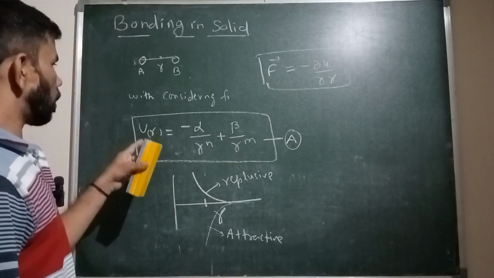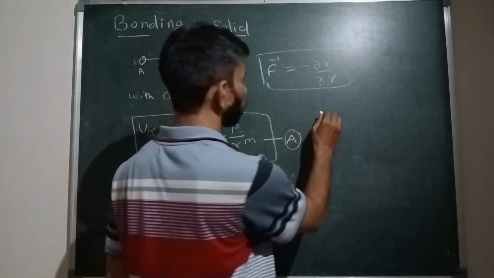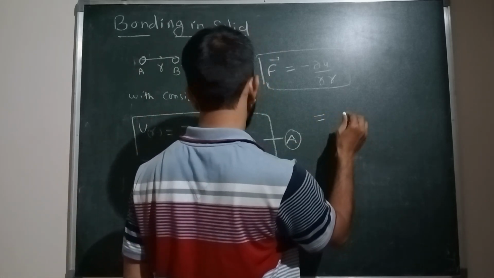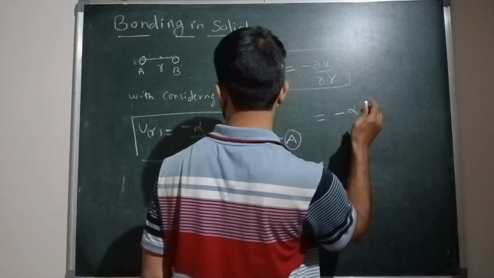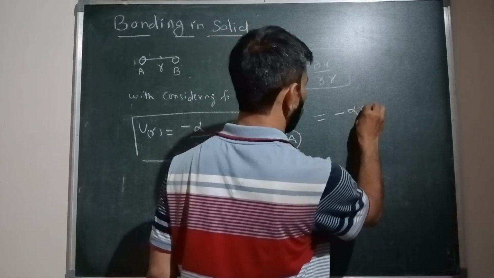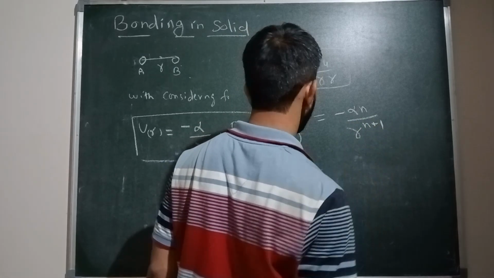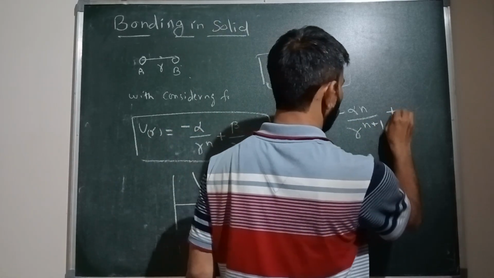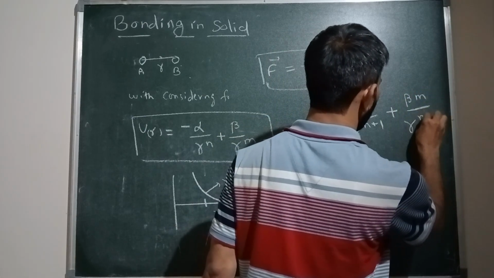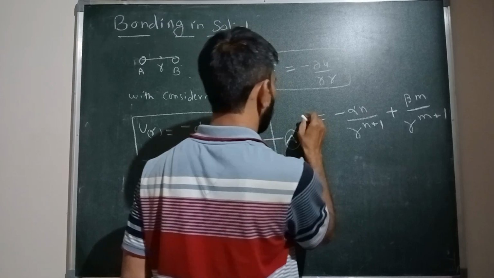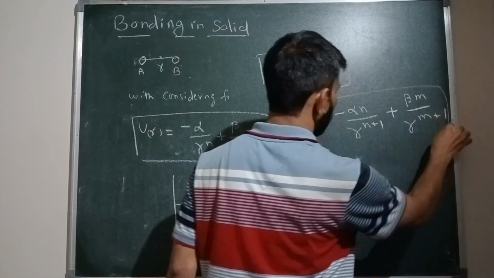Differentiating equation 1 with respect to R, we get minus alpha n upon R raised to power n plus 1, plus beta m upon R raised to power m plus 1. This is the force between these atoms.